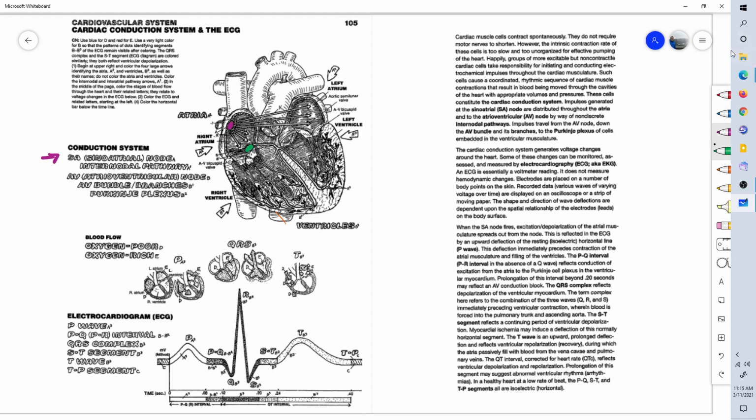So the SA node, the sinoatrial node, will tell the atria, right and left, when to squeeze and contract and send their contents into the ventricles.